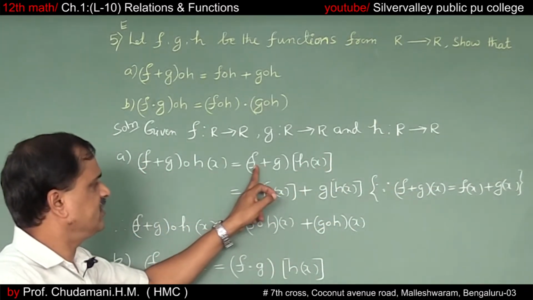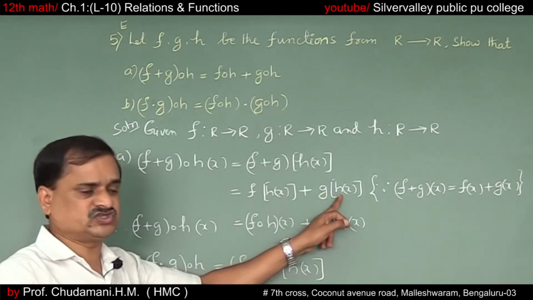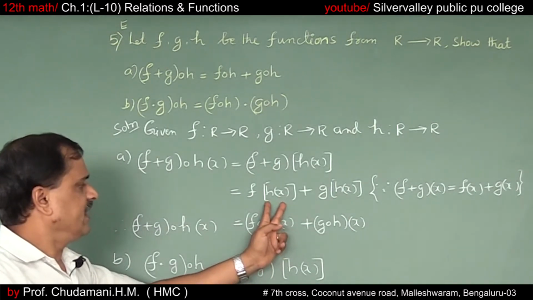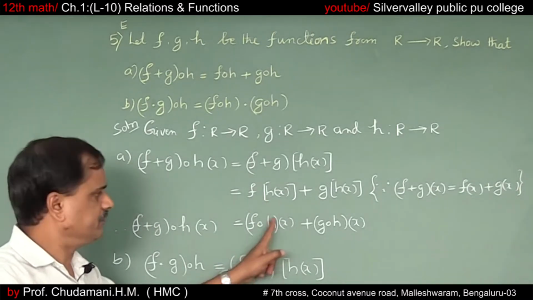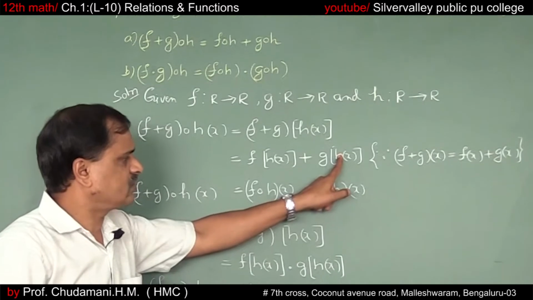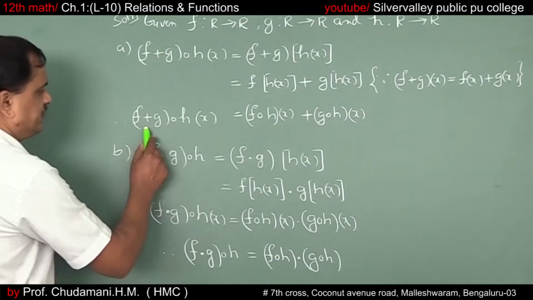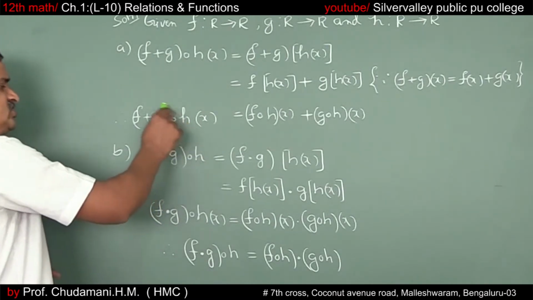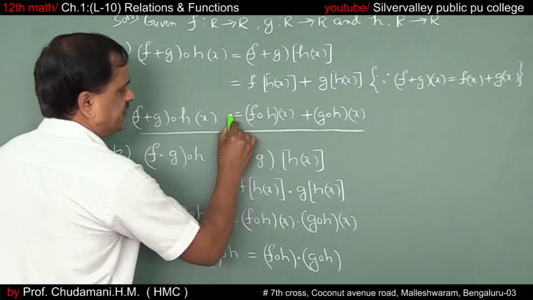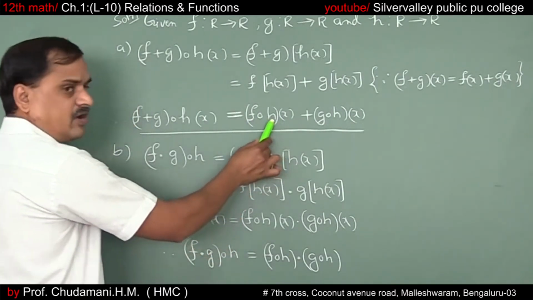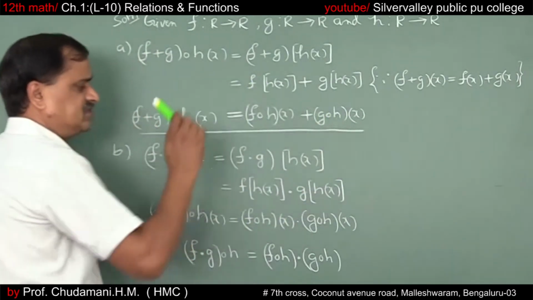Then this can be written as f of h of x plus g of h of x. f of h of x can be written as the composition of h and f, and this can be written as the composition of h and g of x. So the composition of h and (f plus g) is equal to the sum of the composition of h and f and the composition of h and g.